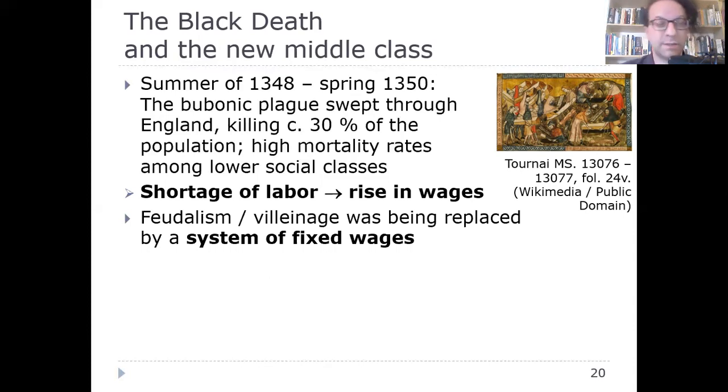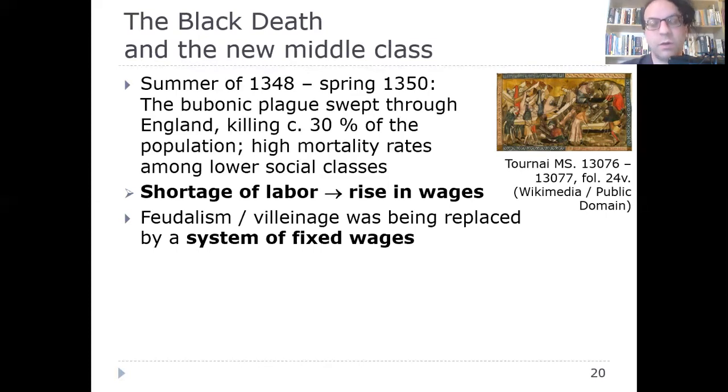Wages was also a new system. The Norman system of feudalism, the system of villenage, where people would till ground and give a share of their crop to the person owning the land, but they didn't really own the land themselves. But they weren't really paid money for this. They were just allowed to live on that land, right?